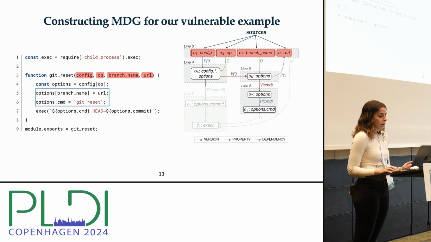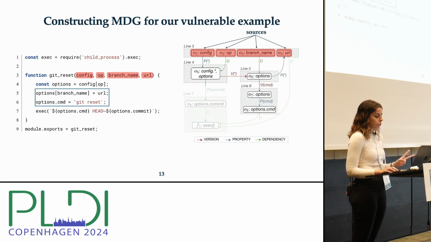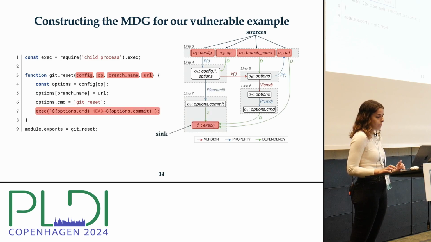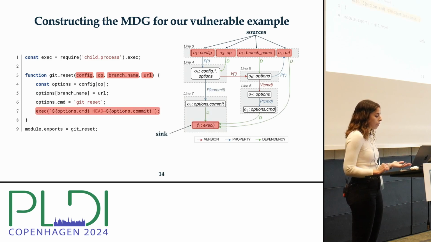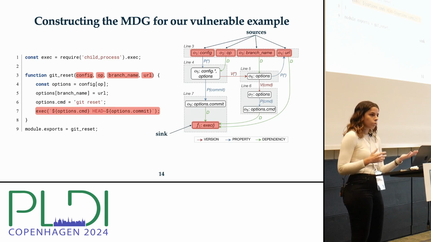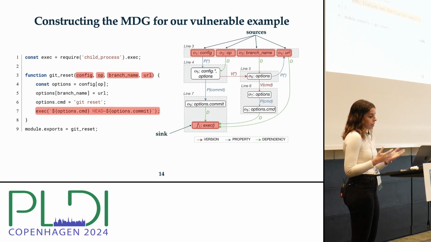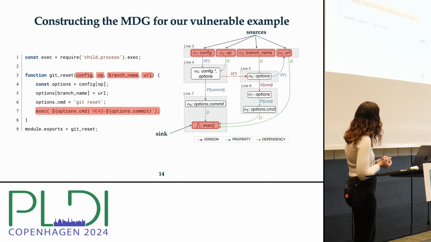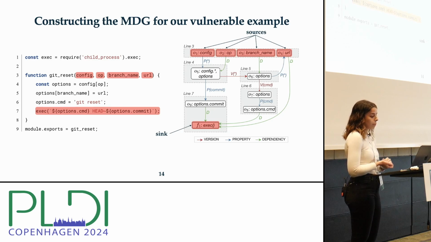In lines 5 and 6, we have two property writes, which are represented by the consequent version edges on the graph. And then in line 7, we have a node to represent the call to the exec function, which is the sink. And it depends on the values of options.command and options.commit.